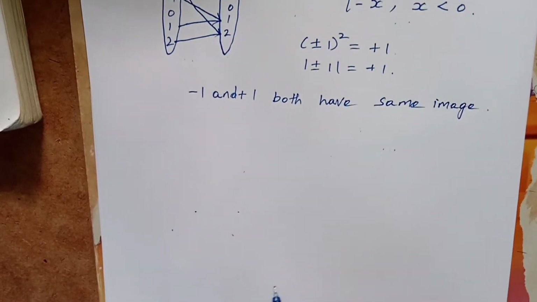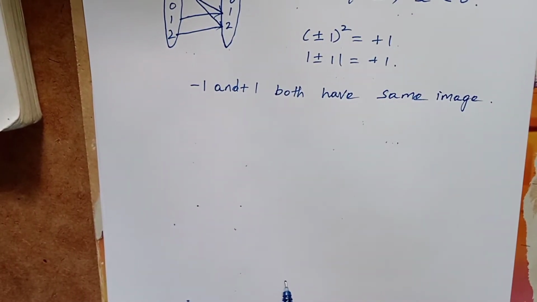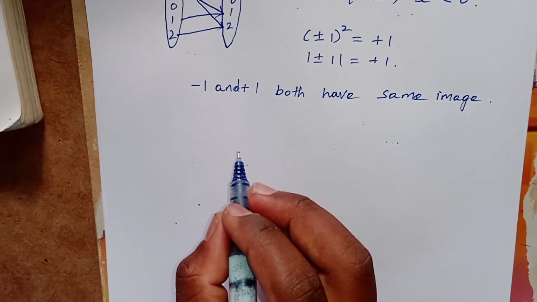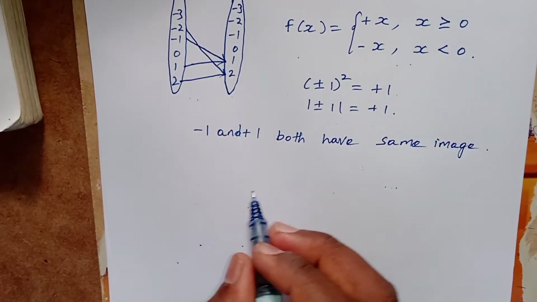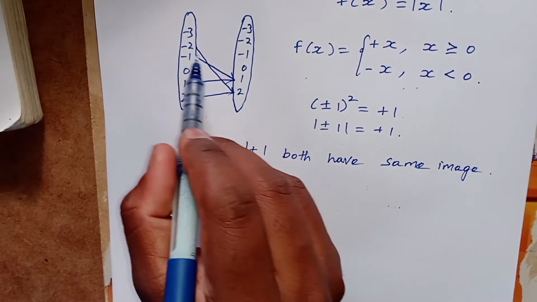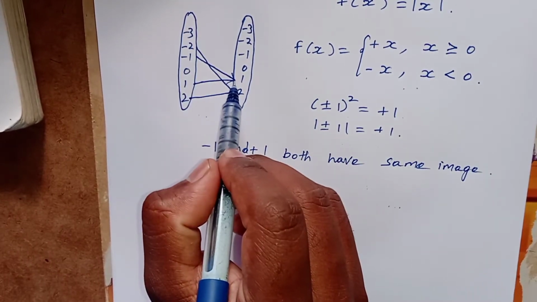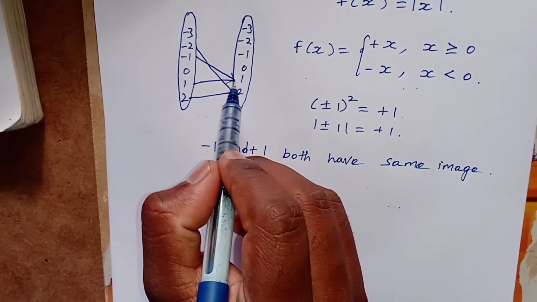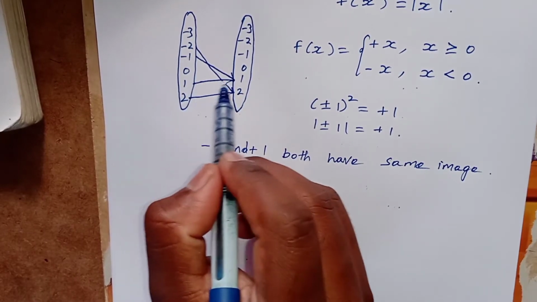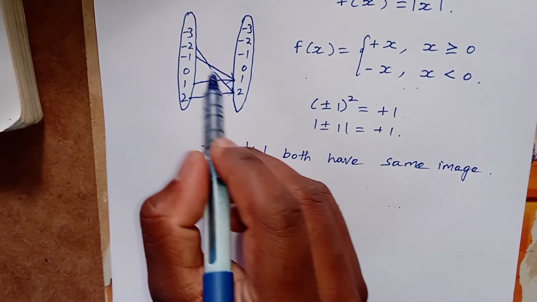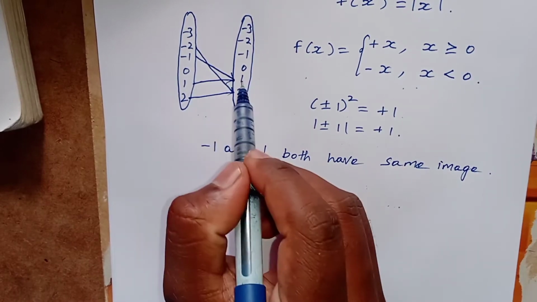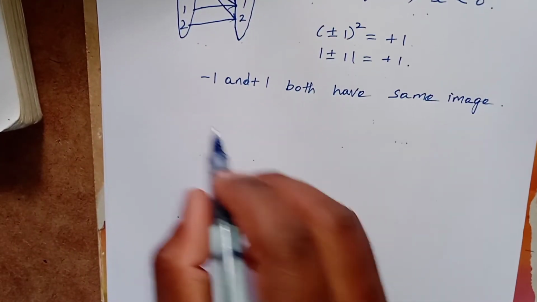Okay, for checking whether it is one-one or many to one, here see, -1 has image 1 and +1 also has the image 1. Therefore here it is many to one function. Okay, it is clear.